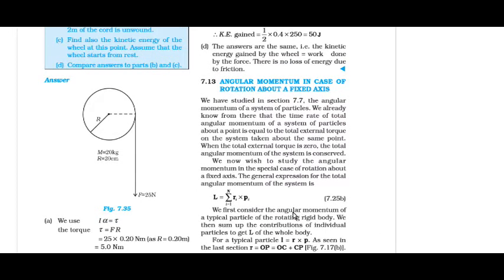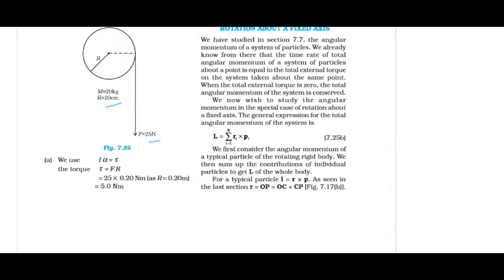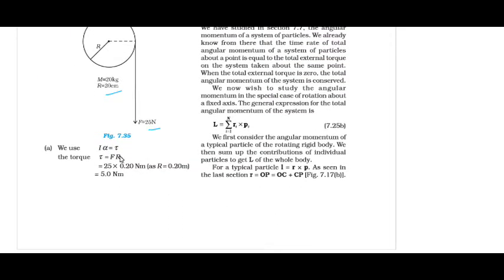Now, in the figure, it is given F is equal to 25 Newton, mass is equal to 20 kg, and radius is equal to 20 centimeter. So first, we'll find out the torque tau.